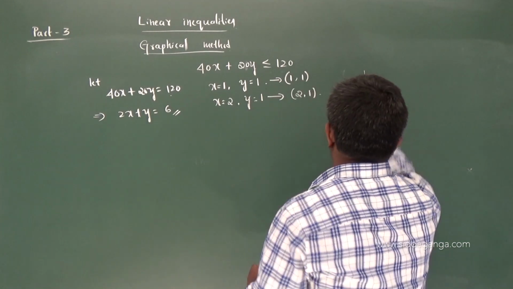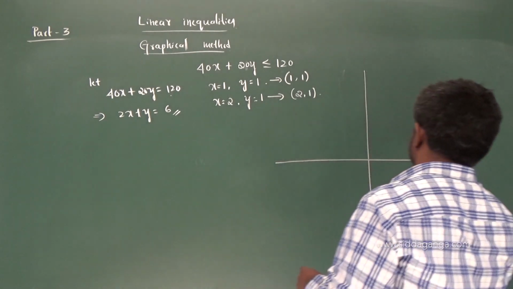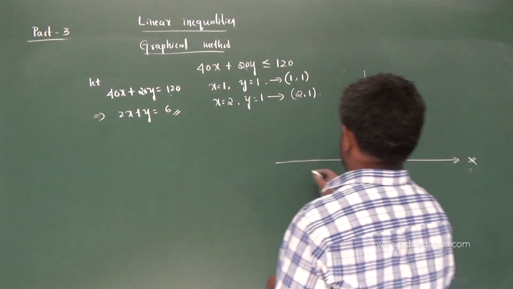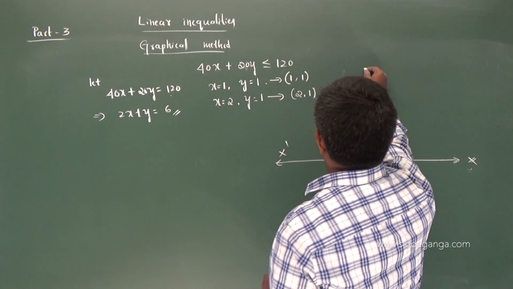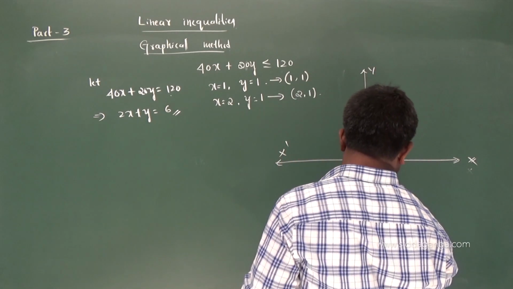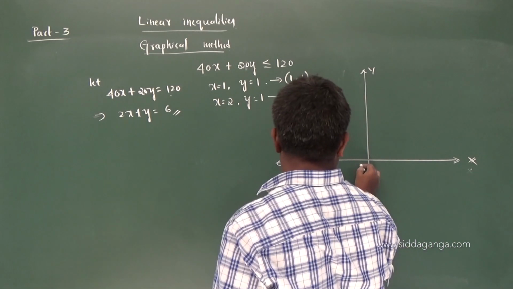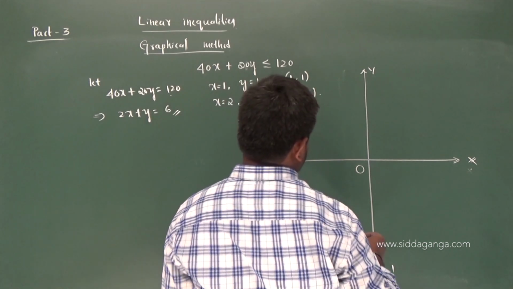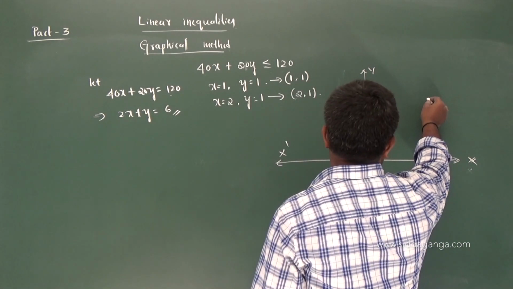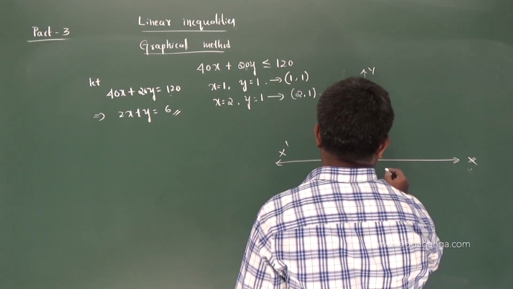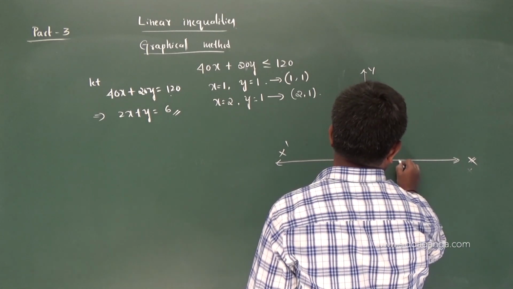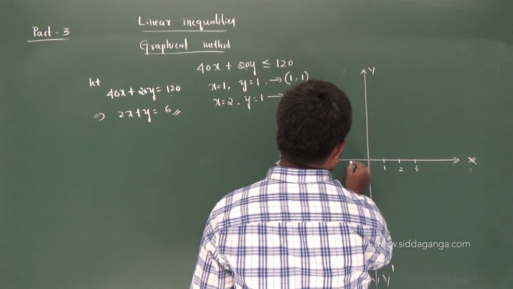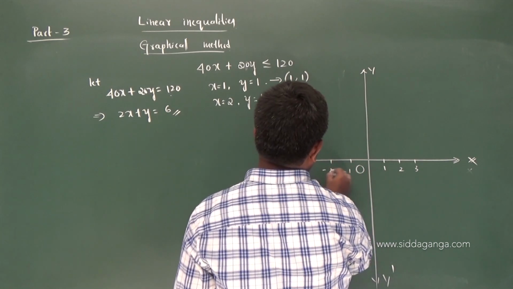From that you have to consider a line. Now suppose 2x plus y is the line drawn like this. Let us draw 1, 2, 3. This is minus 1, minus 2, minus 3.